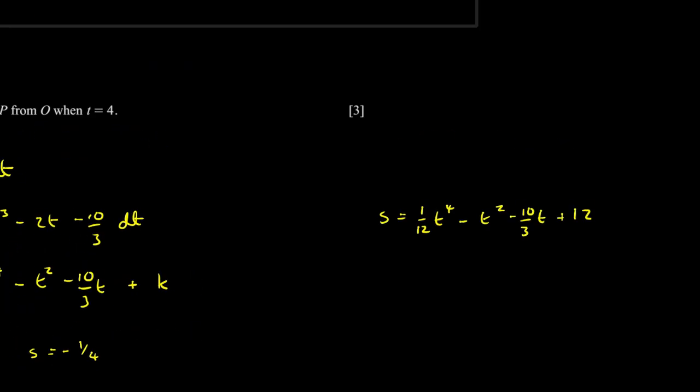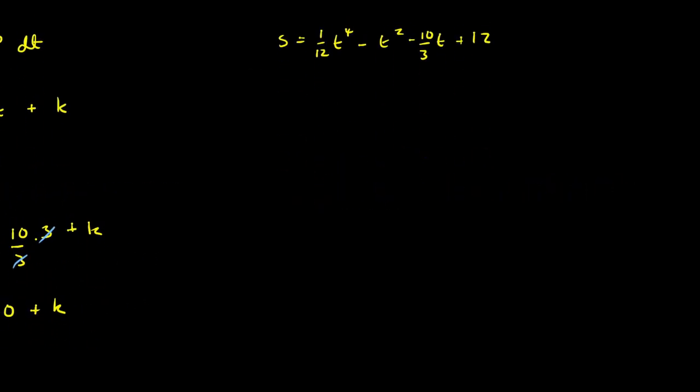And so we want to find this when t is 4. So when t is 4, we are going to get s is equal to 1 upon 12 times 4 to the power of 4 minus 4 squared minus 10 upon 3 times 4 plus 12. And divide top and bottom by 4, so that becomes 4 cubed, and that becomes 3.